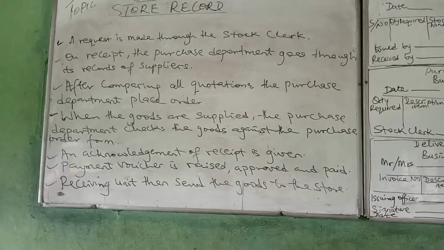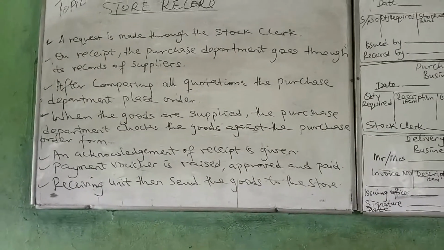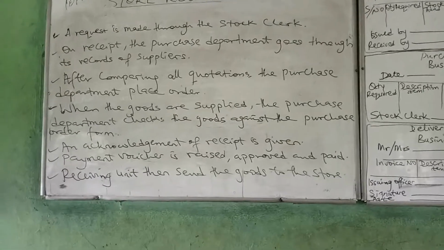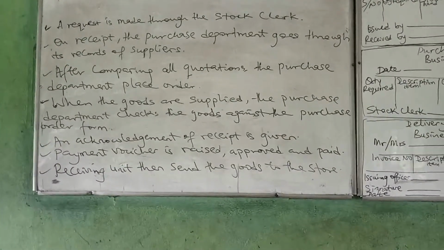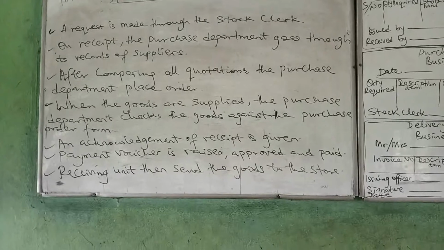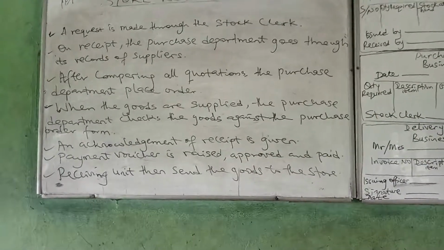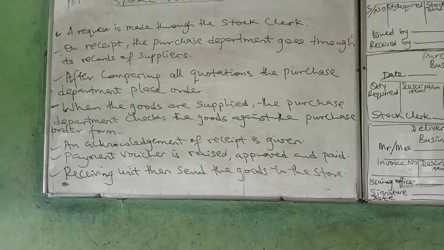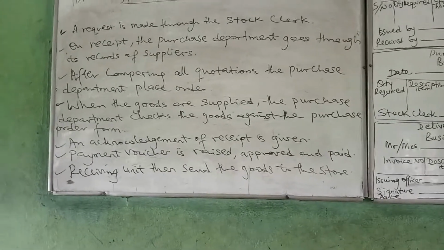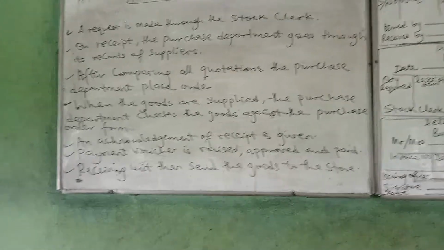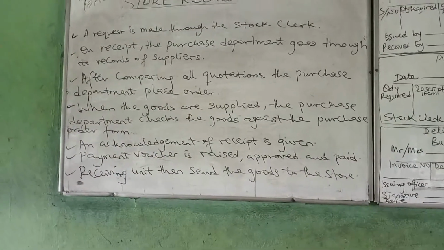Where no existing supplier has the required stock, new suppliers are contacted for quotations. Then the third procedure is, after comparing all quotations, the purchase department places the order with the supplier that has the best price for good quality of goods and good time of delivery.